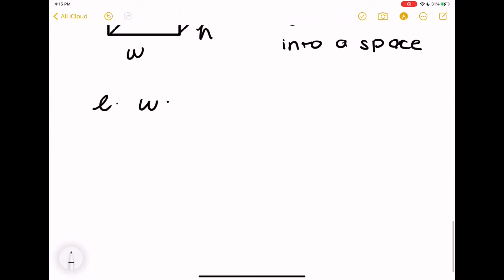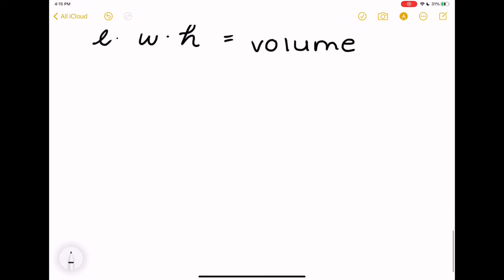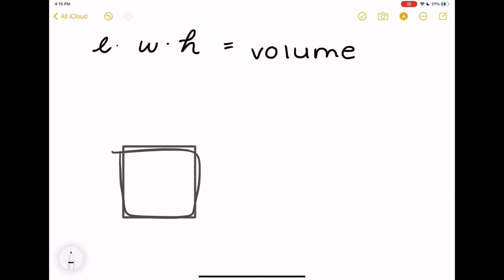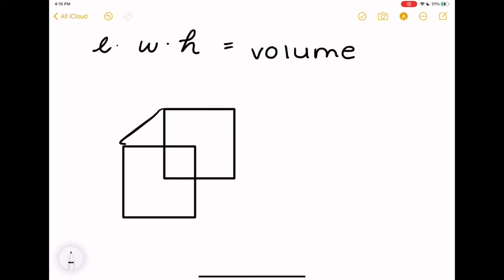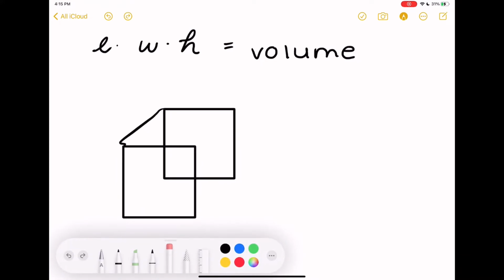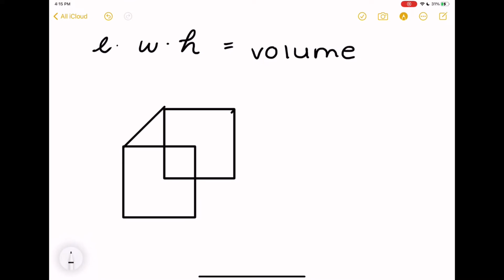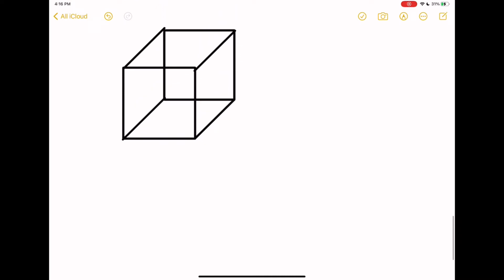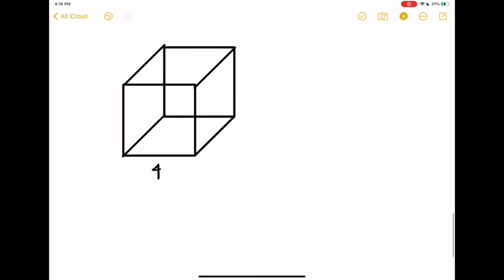And to calculate it, we do length times width times height. So you'll be multiplying 3 different numbers, 3D. So if that helps you remember, volume is 3D, so you'll be multiplying 3 different units, and area is 2D, so you'll be multiplying 2 different units. But anyways, let's say I have 4, 6, and 3.